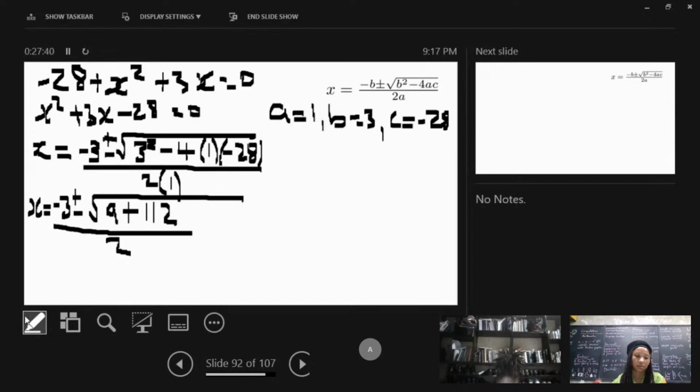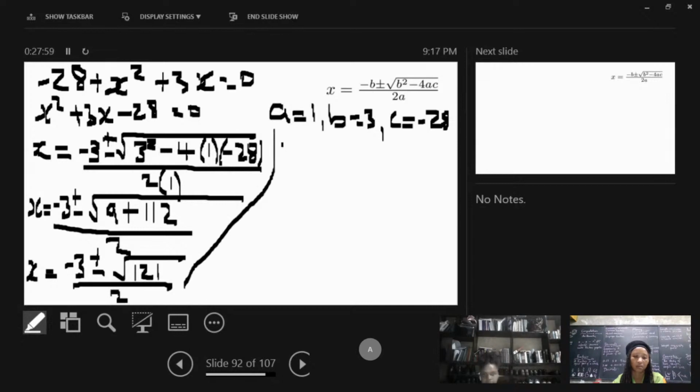Over 2. So x is equal to negative 3 plus or minus the square root of 121, which is 11, over 2. So x is equal to negative 3 plus 11 over 2, and x is equal to negative 3 minus 11 over 2.